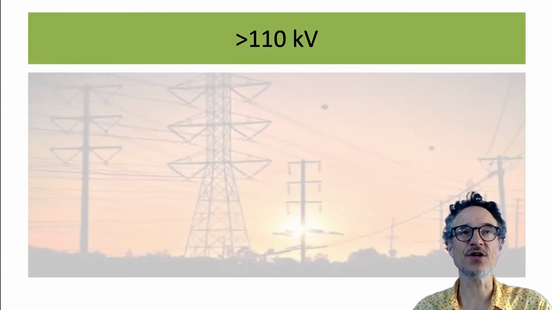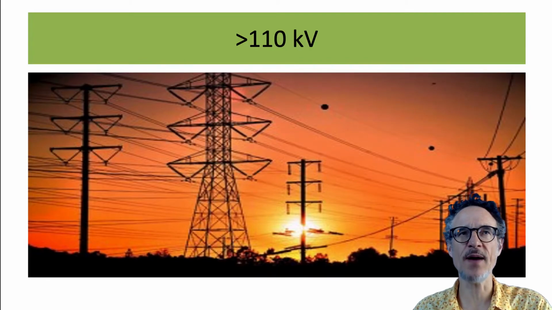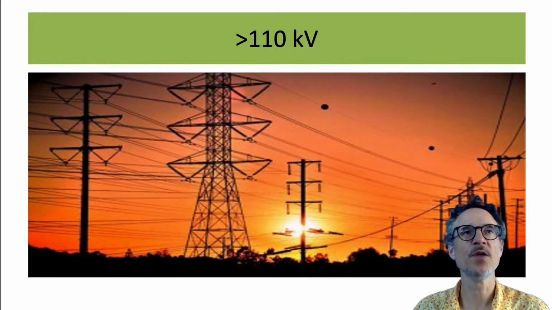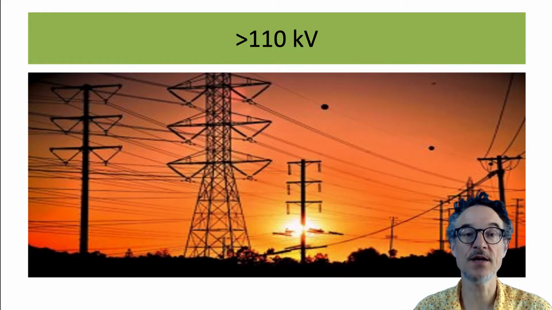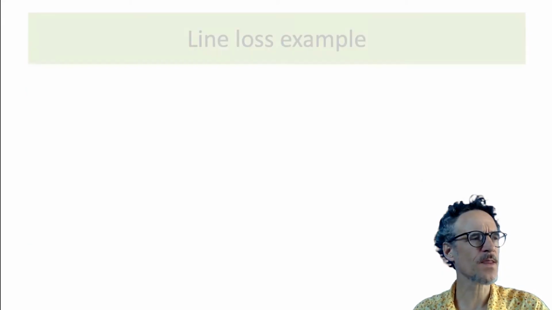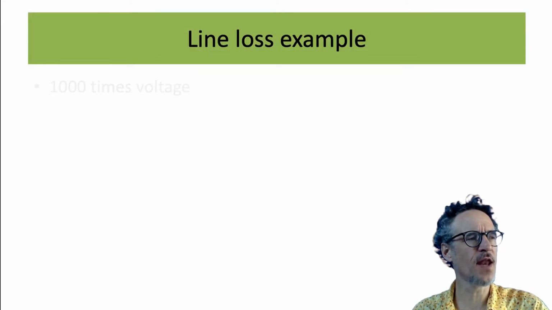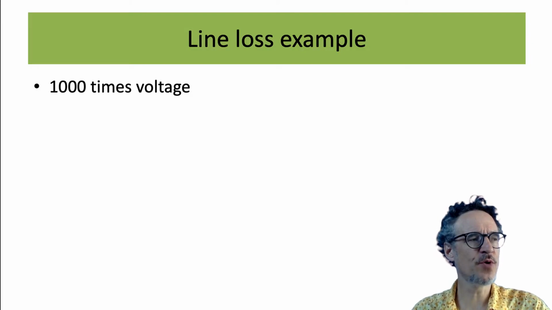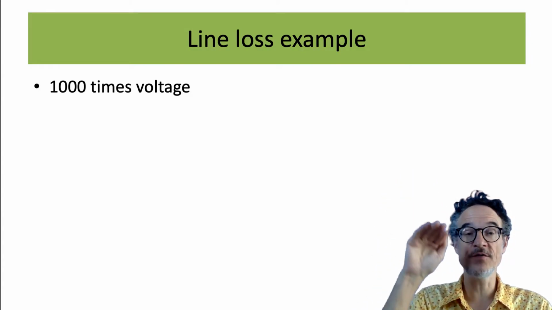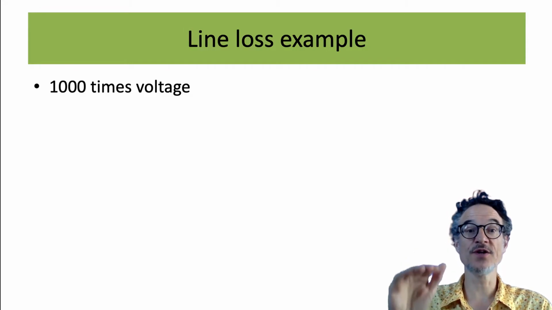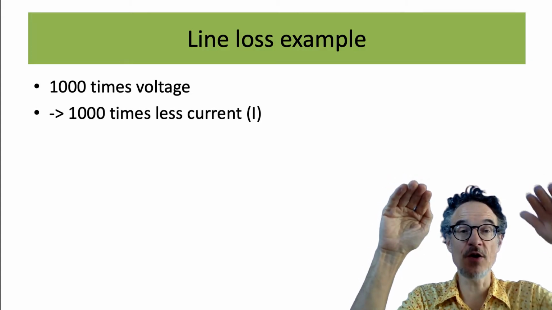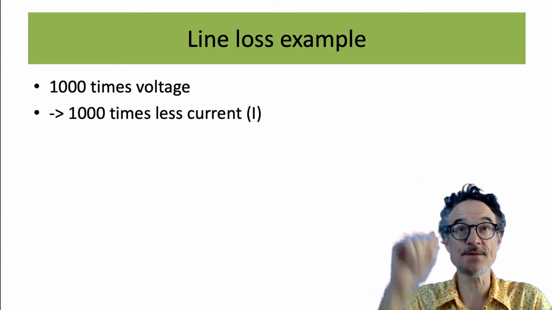Just by comparison, when they send power over long distances, they use very high voltage. So something like 110 kilovolts or more. That's 110,000 volts. And just to think of the line losses, if you put the voltage 1,000 times higher, if you go from 100 volts to 100 kilovolts, that's 1,000 times more, that means the current is 1,000 times less.